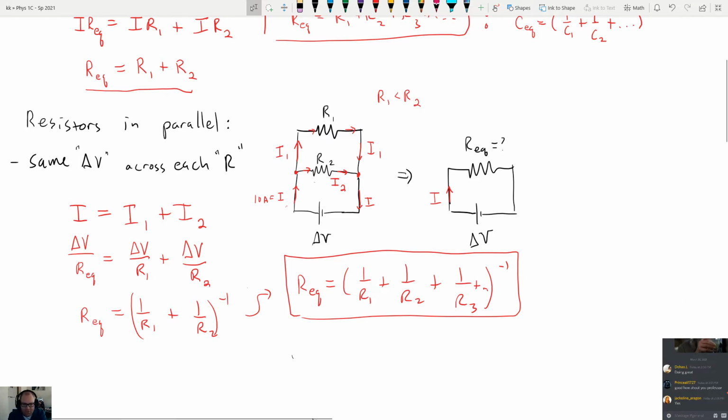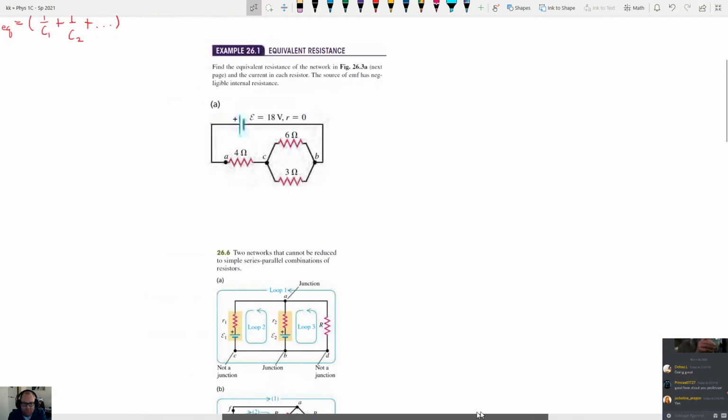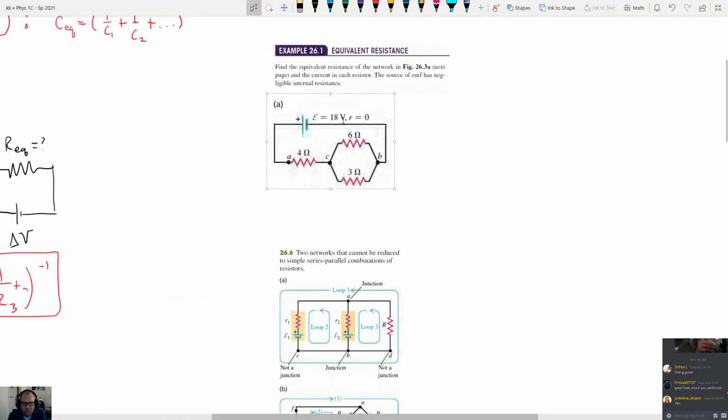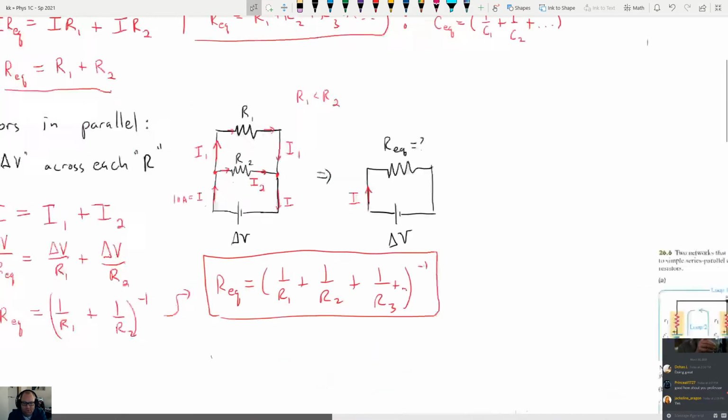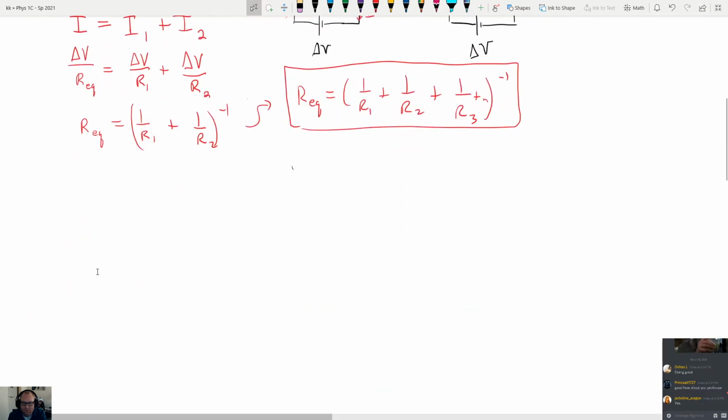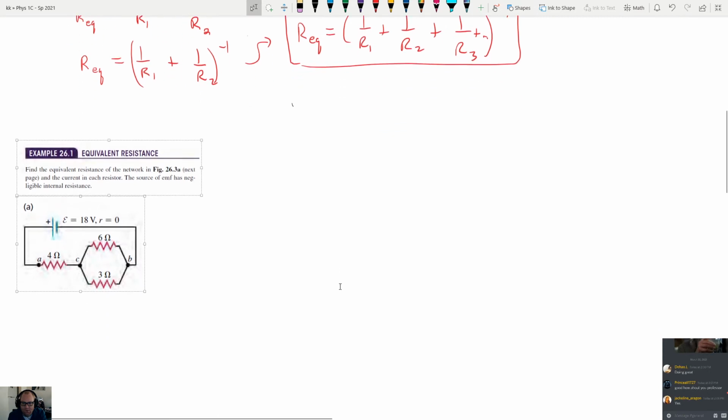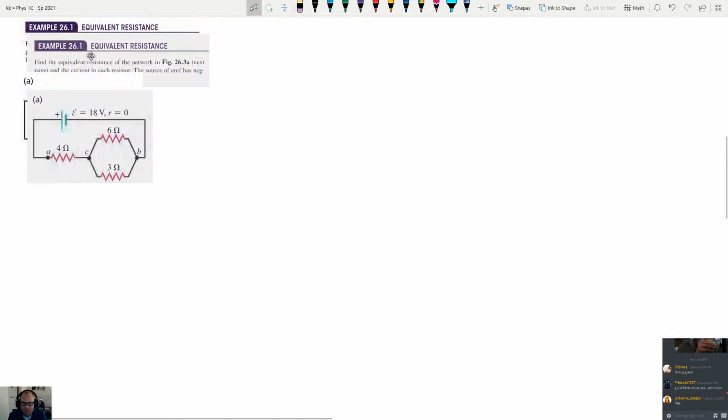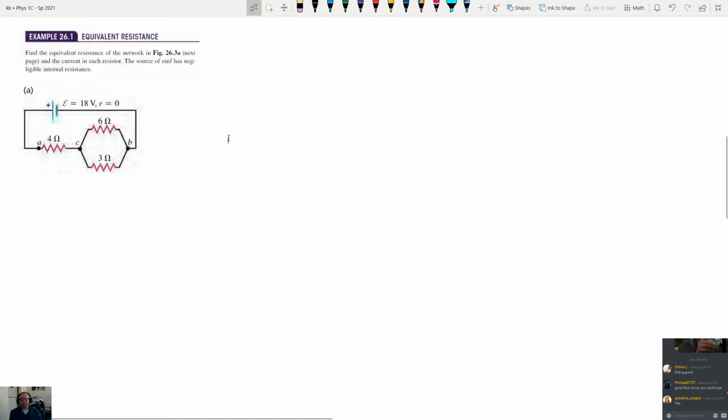Okay, if not, then we will do a short problem before we talk about Kirchhoff's rules. So we have a simple circuit here where we have an EMF of 18 volts for this battery.